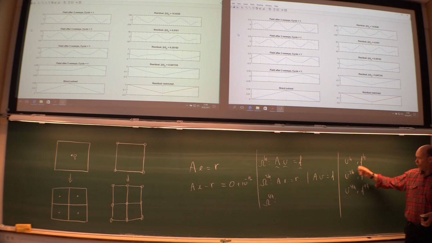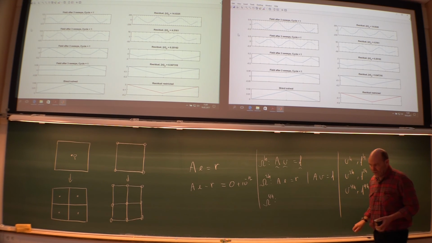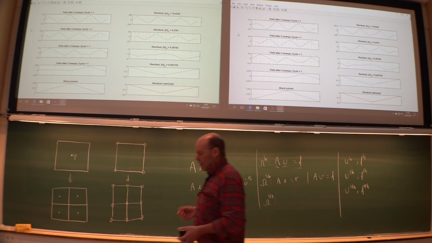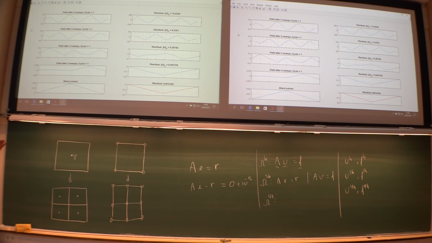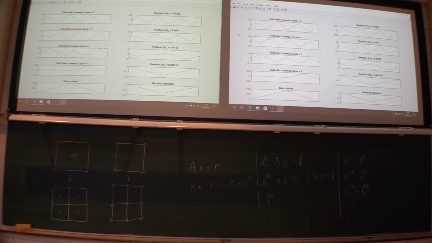So both left and right hand side of the equation system, that's what we need storage for. But of course in 2 dimensions, not to mention 3 dimensions, the coarse level memory requirements are so small that you don't even bother about it. So it's a very economic algorithm when it comes to storage.